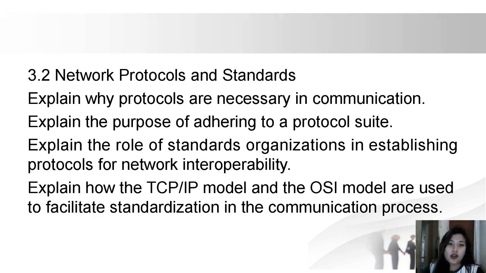For network protocols and standards, to explain why protocols are necessary in communication, explain the purpose of adhering to a protocol suite, explain the role of standards organizations in establishing protocols for network interoperability, and explain how the TCP/IP model and the OSI model are used to facilitate standardization in the communication process.